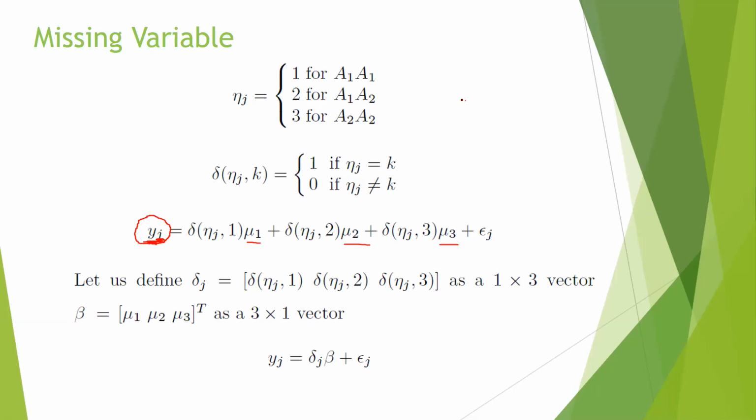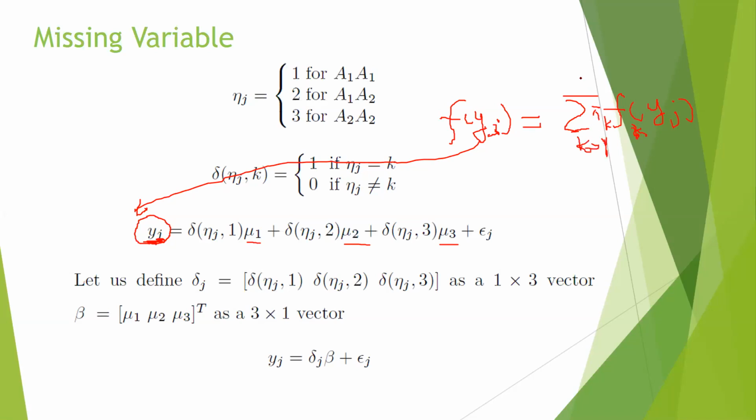And then we can link this yj, the probability density function, to the summation over k of the yj and pi k, k equals 1, 2, 3.